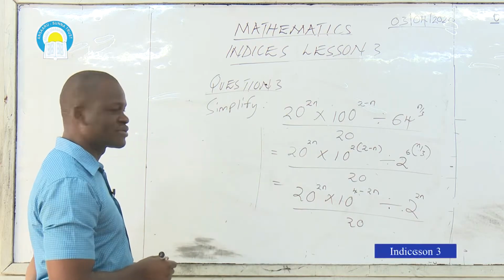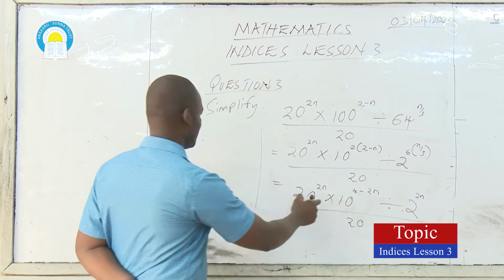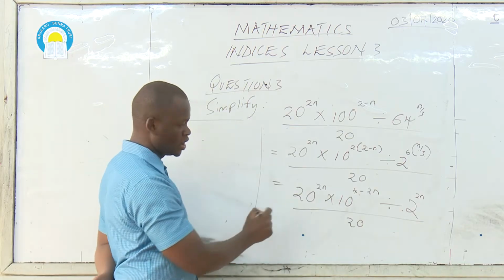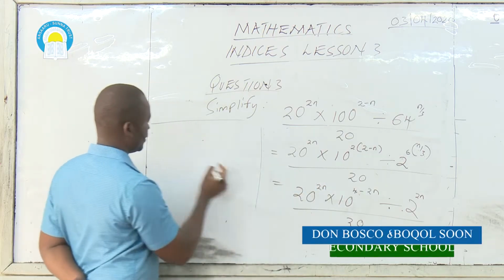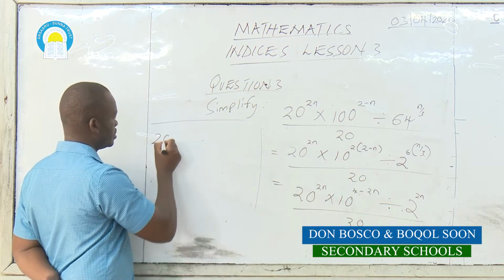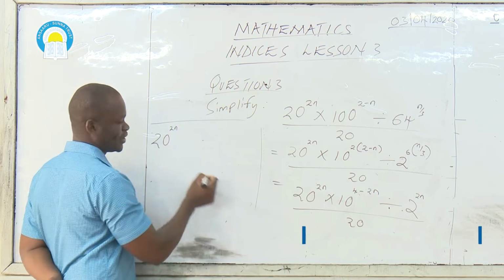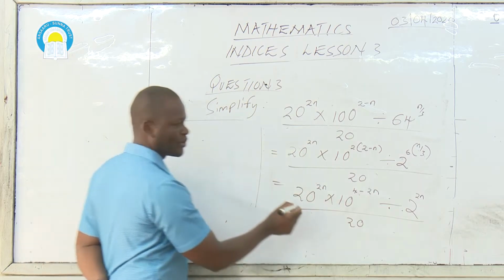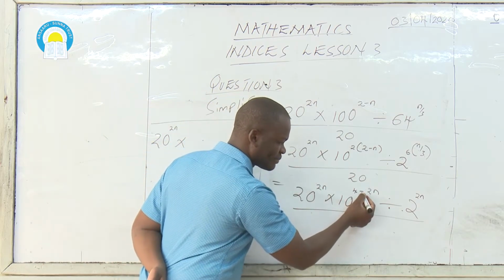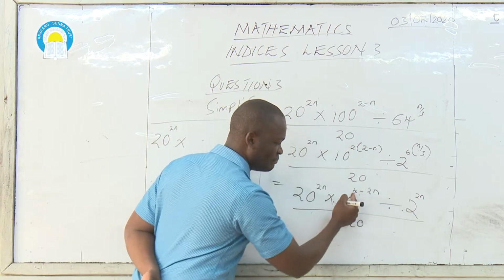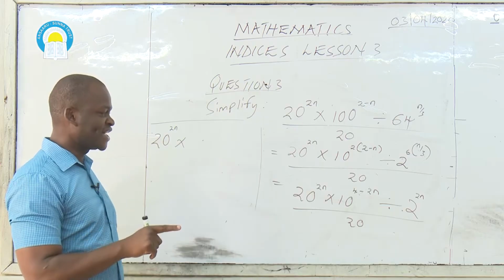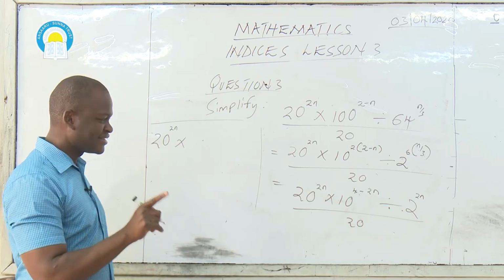Then what will be the next step? We have 20 power 2n times, now we have a subtraction in the index, meaning previously we were dividing numbers to the same base.